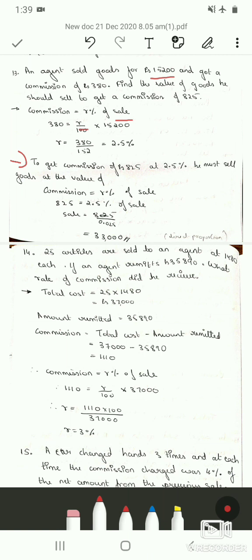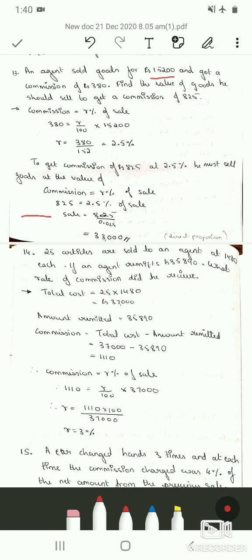Now in the next question what they have asked is, to get a commission of rupees 825 at 2.5% rate, at what value he must sell the goods, which can be calculated as commission is equal to rate percent of sale. So the commission which he has to obtain was 825 and the rate we obtained was 2.5%. So we have to find out the sale, that is, to what value of goods he should sell so that he can get a commission of 825.